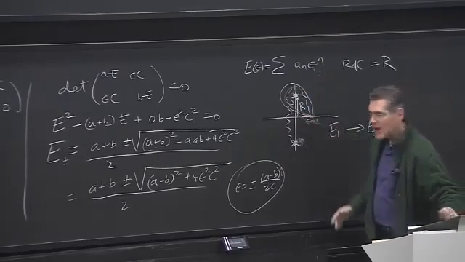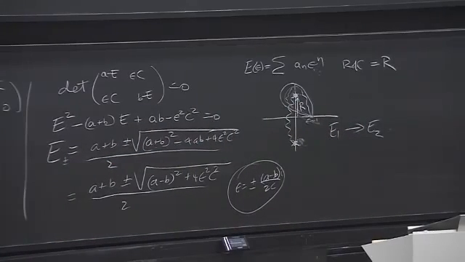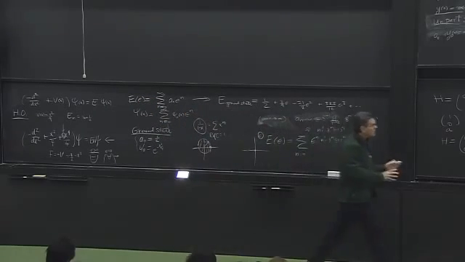In fact, the singularities that I drew here are an infinite sequence of square root type branch points, which I'm going to tell you more about tomorrow. You can go from any one energy level to any other energy level smoothly and continuously. Quantum mechanics doesn't have discrete, isolated, independent energy levels.